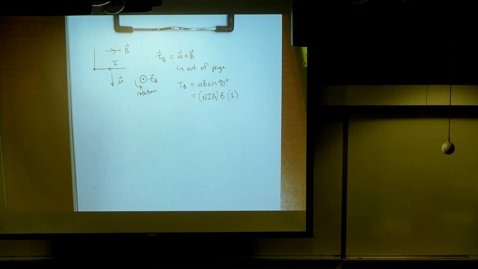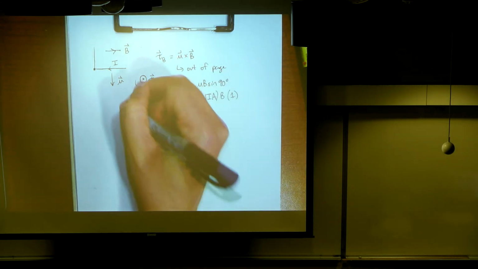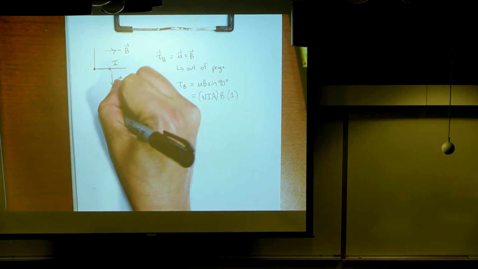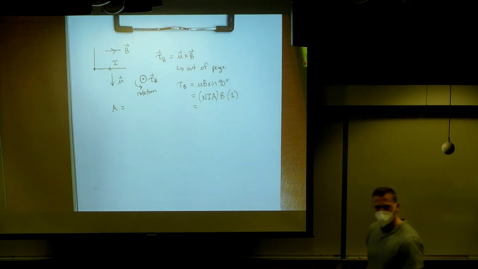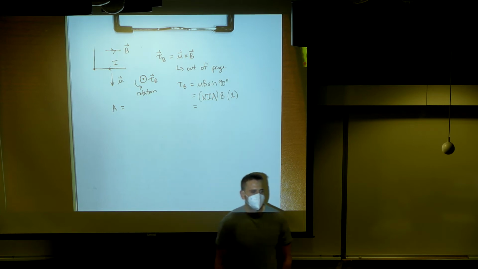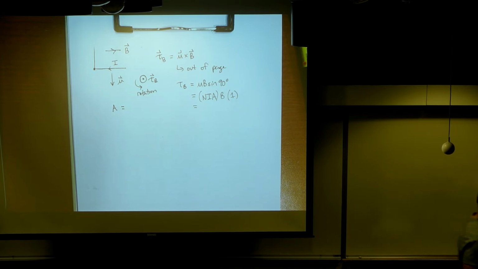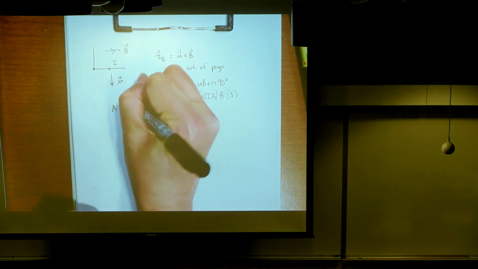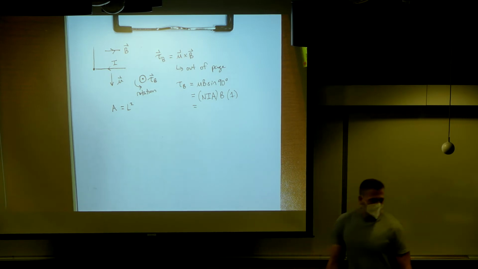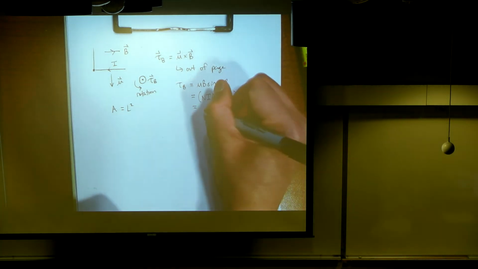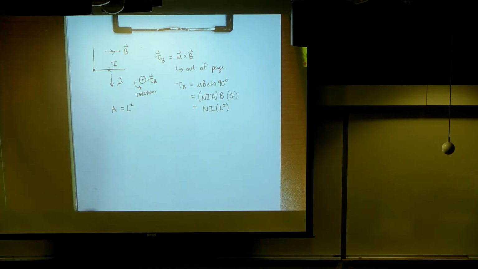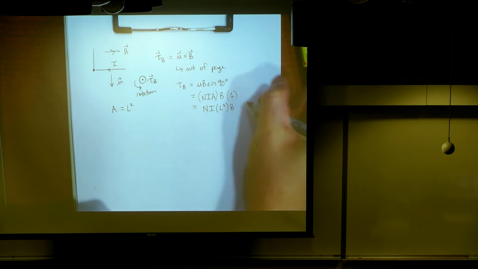Okay, let's do one more thing here. The area of my loop, A, it's a square, right? So what is the formula for the area of a square? It's just the side length squared. Let's call that side length L, and we're going to square L. So in total, what I have is N times I times L squared, that's what I'm subbing in for A, times B. Okay, there we go.